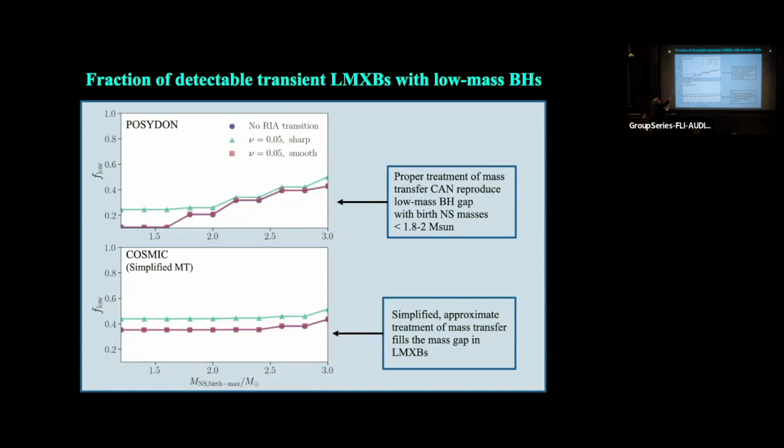We're plotting this fraction as a function of the birth neutron star mass, which could be all the way up to 3 to be completely safe. We don't know where the equation of state maximum is, but it's definitely below 3. And even for the Poseidon models or MESA models, if you start allowing the birth neutron star mass to become more than 2 solar masses, you start climbing and filling up the gap.